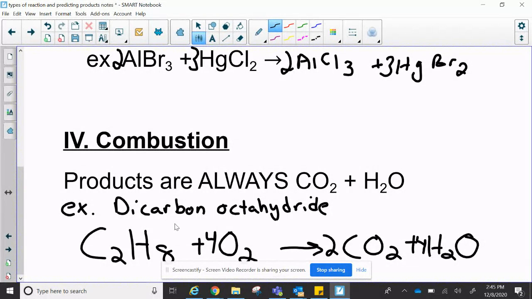If you just start with something with C's and H's, you're always going to have oxygen as your other reactant. You don't have to switch anything. Your products are always CO2 and H2O. Then you need to balance it. That's what happens with a combustion reaction.